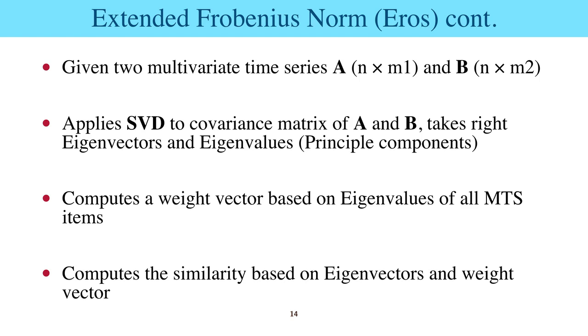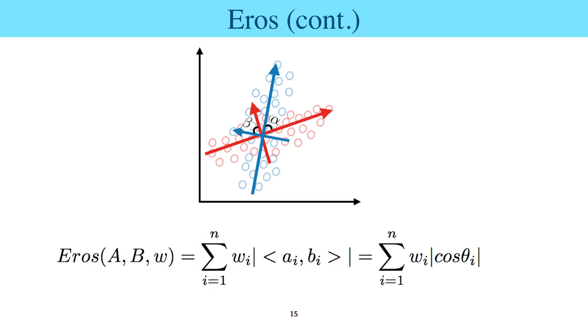It also computes a weight vector based on the eigenvalues of all multivariate time series items in the training set. Based on the eigenvectors and this weight vector, J-Eros computes the similarity between two multivariate time series. Formally, J-Eros computes the similarity between A and B based on this equation.